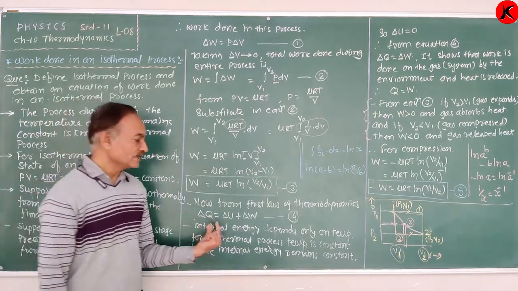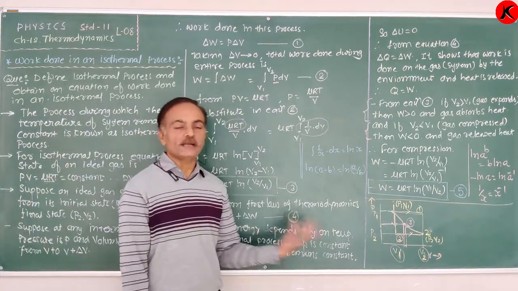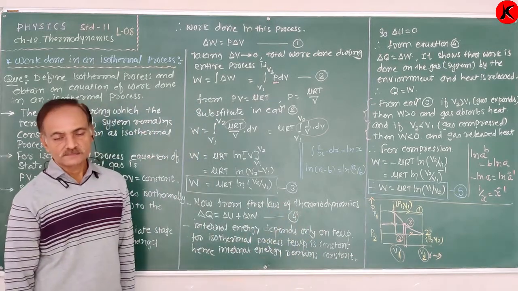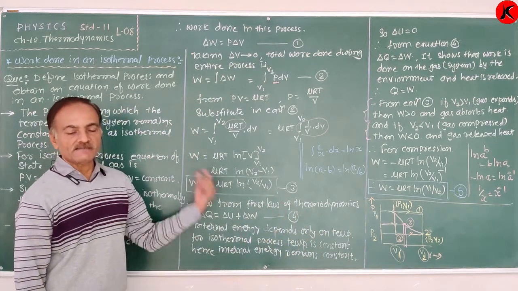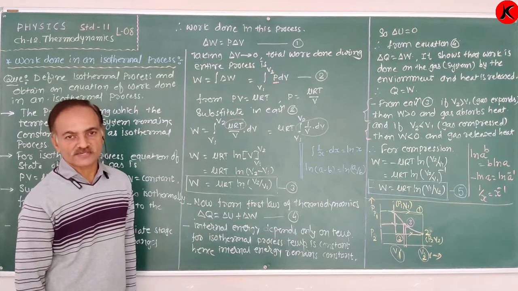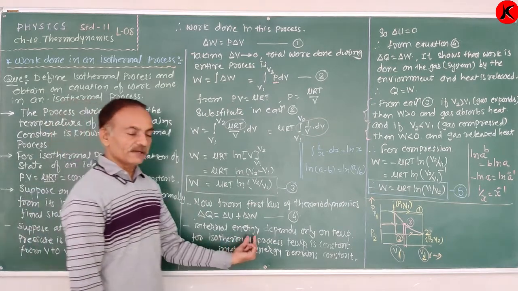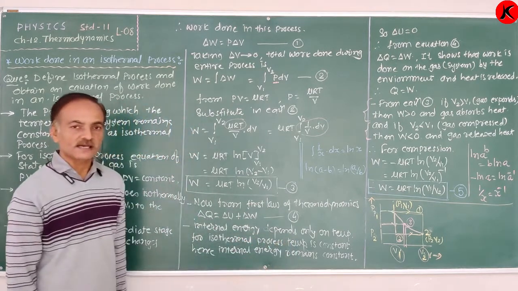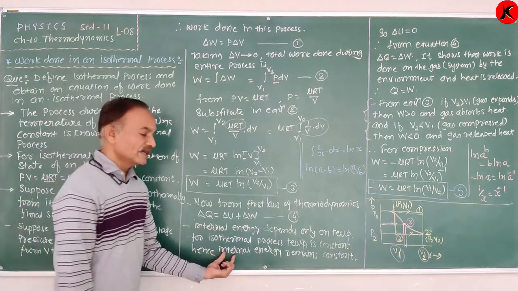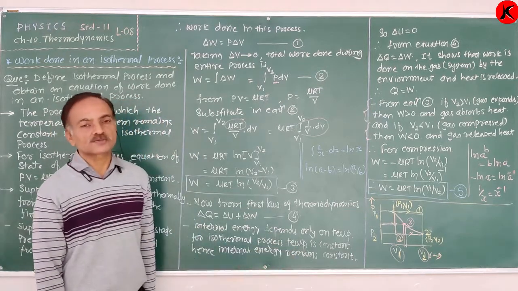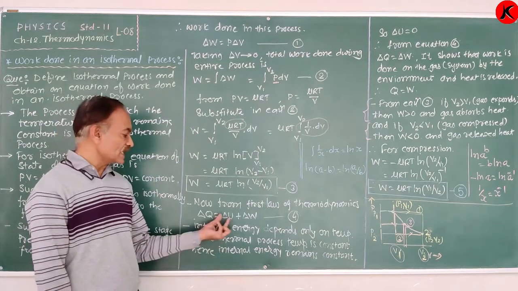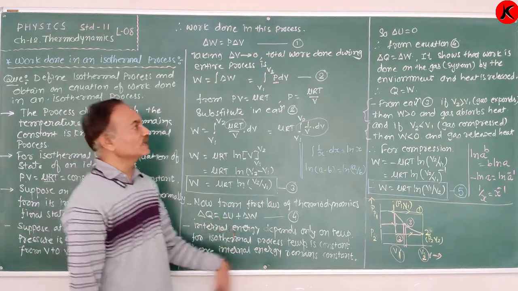We know that the internal energy depends only on temperature. Here we are discussing the isothermal process. For an isothermal process, temperature is constant and hence the internal energy is also constant. Therefore, the change in internal energy delta U is 0.